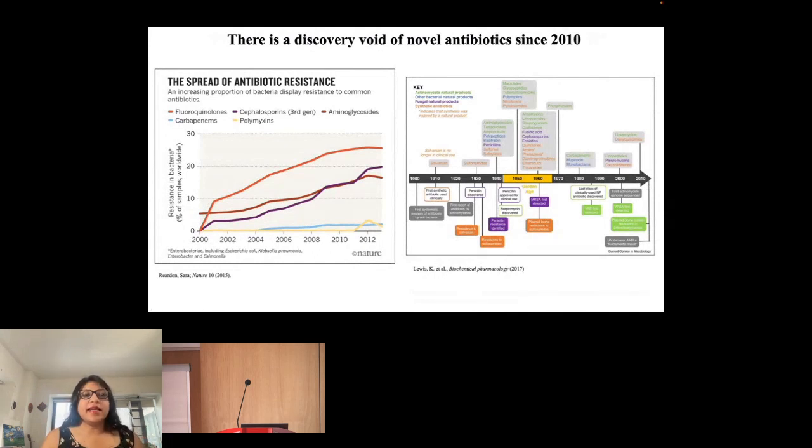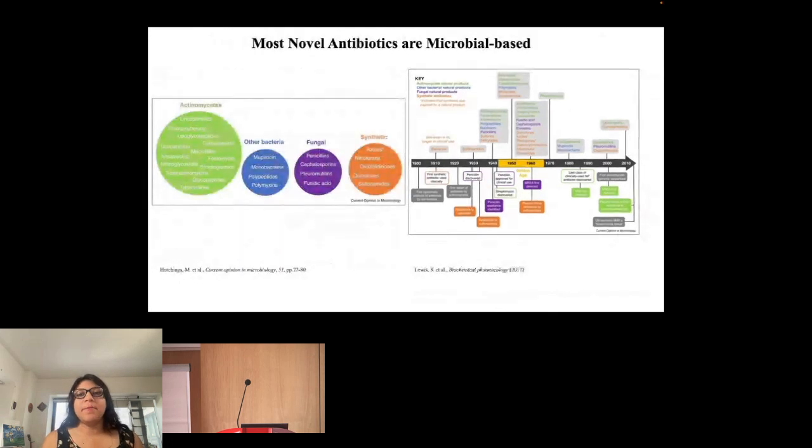Since after the early 2000s, we have been in what is called the antibiotic discovery void, while there has been a very high rise of AMR genes and resistomes in the environment as well as those observed in the human body.